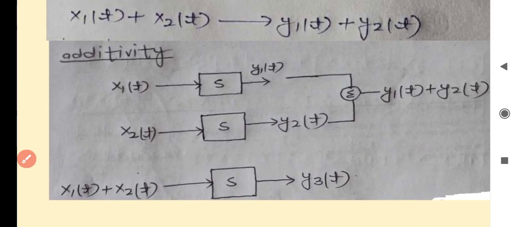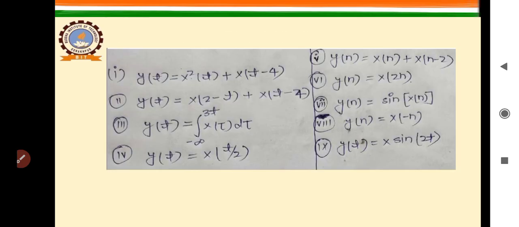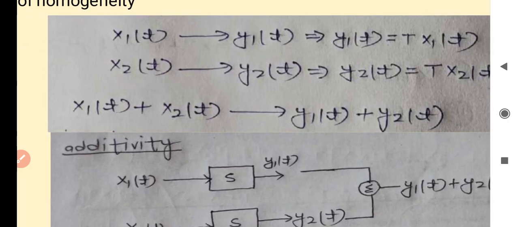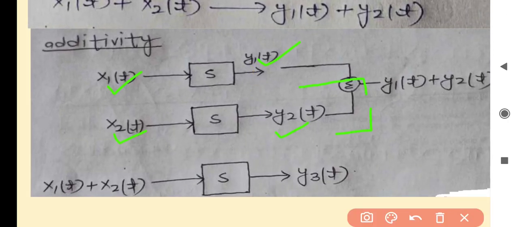Then we provide the summation of these two inputs, x1(t) plus x2(t), to the same system, and suppose it produces output y3(t) in this case.